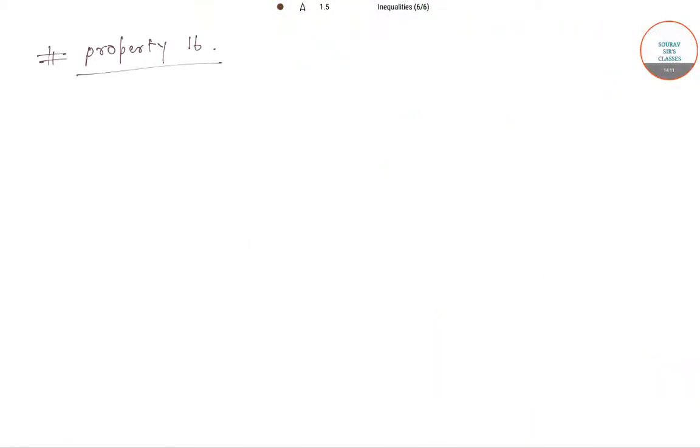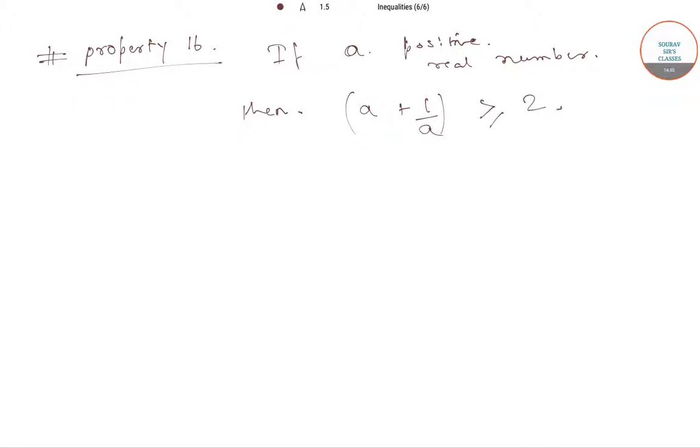Now the next property, property number 16, says that if a is a positive real number, then a plus 1 by a would be greater than or equal to 2.